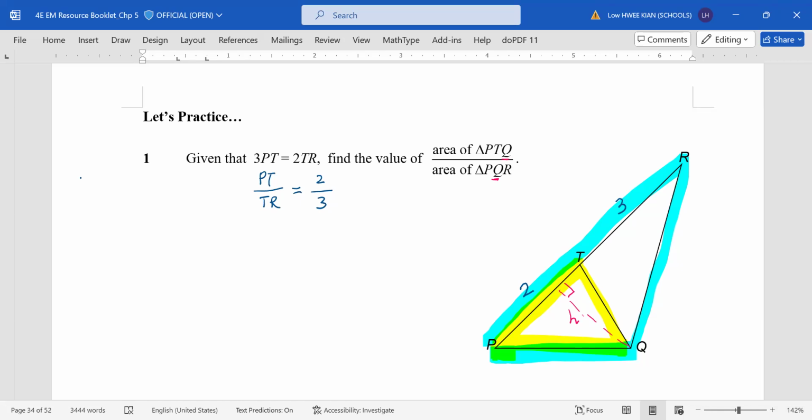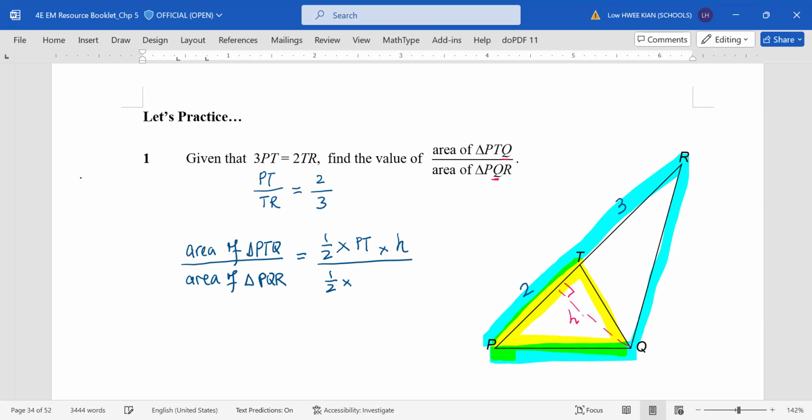So now combining all this that I know, to find the area of triangle PTQ, this will give me half times the base, which is PT, and then I have the common height, which is H. Then for the area of triangle PQR, again I apply half times base.